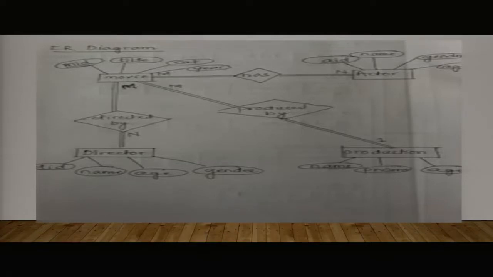Then I want the producer name, which is going to be here, that is the production table, and then the director name will be in the director table.